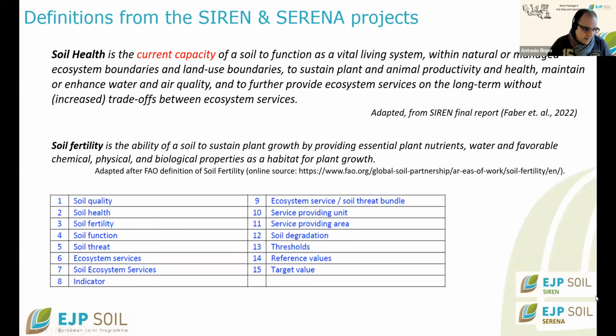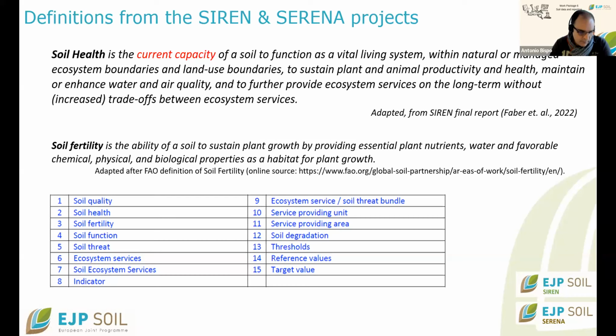So first, in EJP, within the different projects, we propose several definitions, for example, for soil health and soil fertility, and many other terms. You see in blue in the table different terms that are defined in different documents coming from the SIREN project or SERENA project.